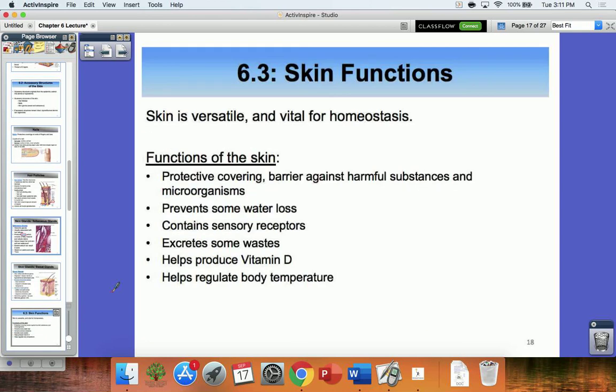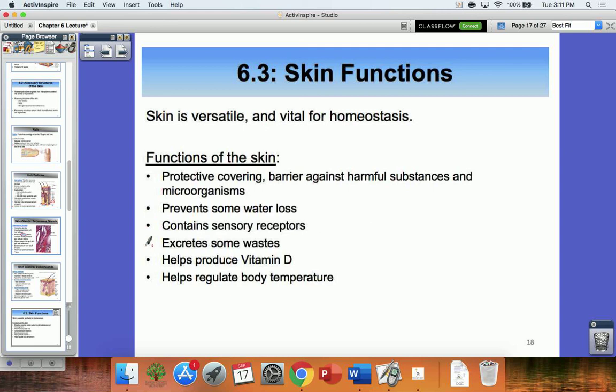So we've kind of mentioned a little bit of the skin's functions here and there, but some of the main ones that we have mentioned already: protection, our first line of defense, is there to retard water loss. We have tons of sensory receptors like the Pacinian and Meissner's corpuscles.